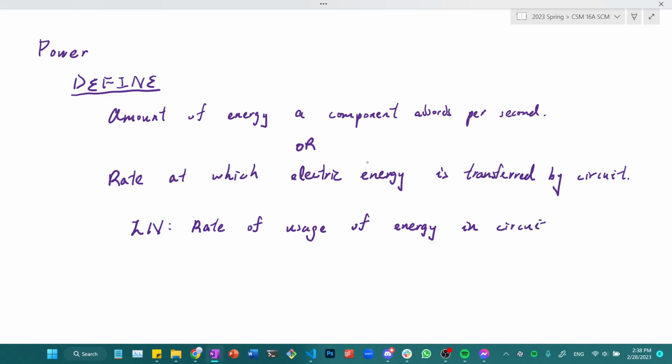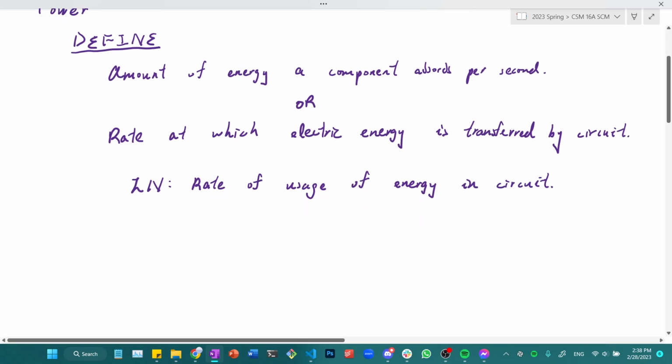So power is the rate of usage of energy over time, which means I can also mathematically say that P is equal to dE/dt, the derivative of energy as a function of time.